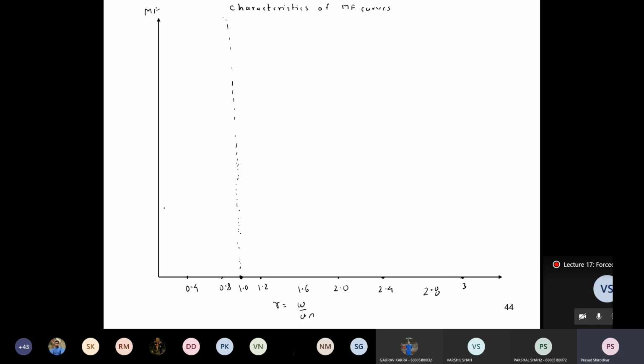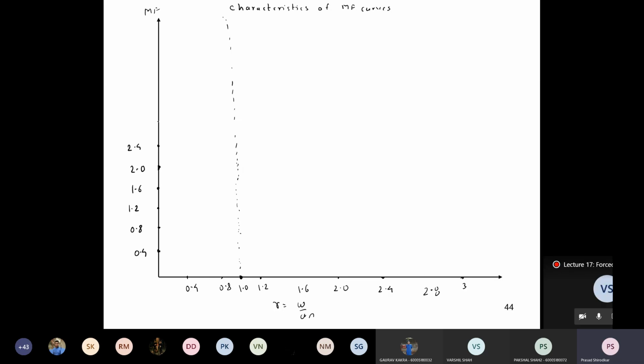Now similarly on the y-axis, again I am going to mark some scale: 0.4, 0.8, 1.2, 1.6, 2.0, 2.4.